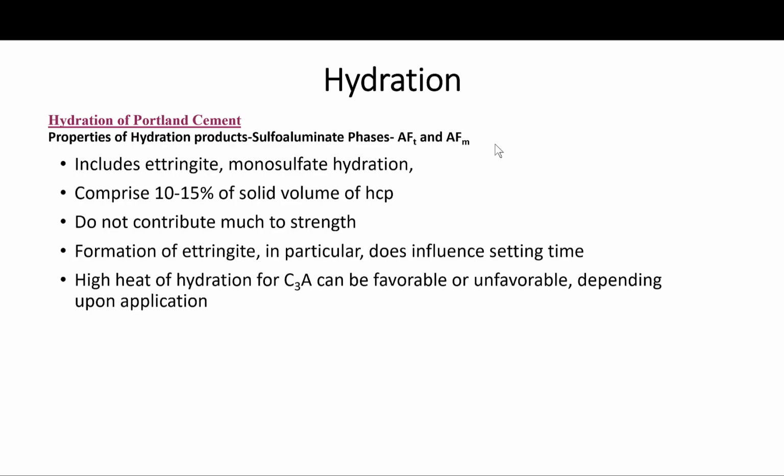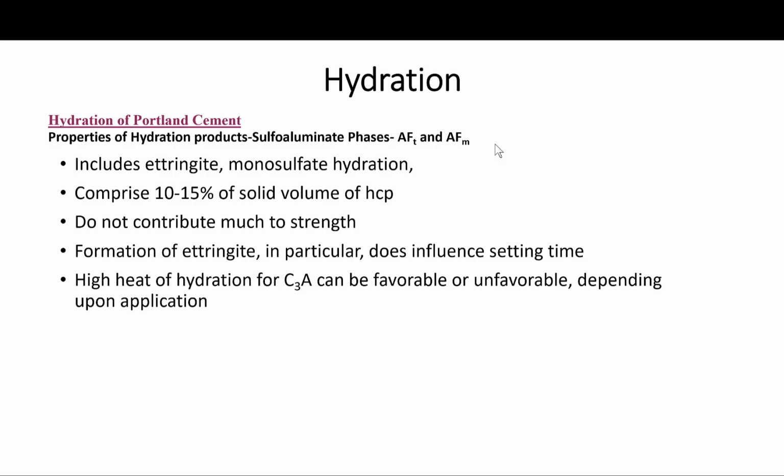And because of that, they play only a minor role in the microstructure, but not necessarily in the properties. Okay, so they do not contribute much to strength.